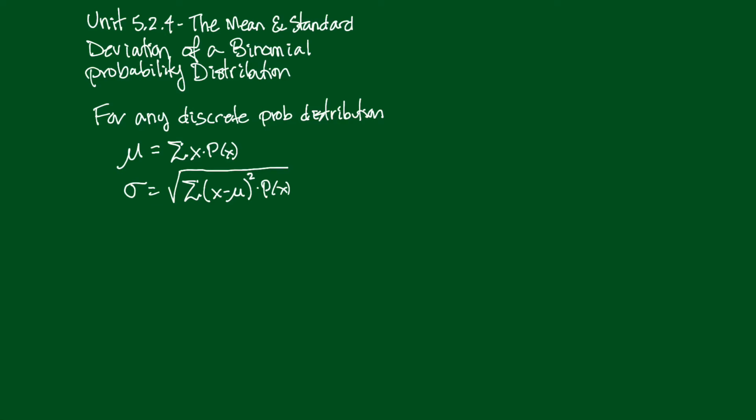Well, as it turns out, for a binomial distribution, these formulas simplify to these. So the mean is equal to simply n times p, where n is the number of trials, and p is the probability of success on a single trial, and sigma is just the square root of n p q.